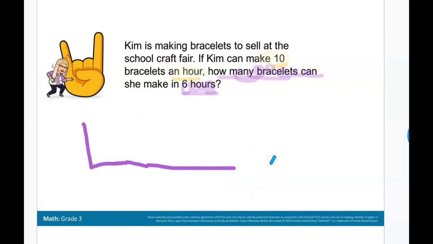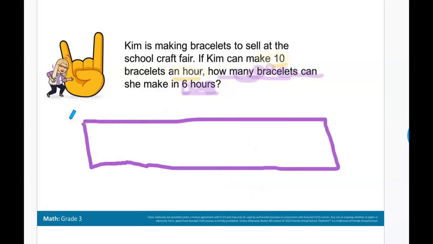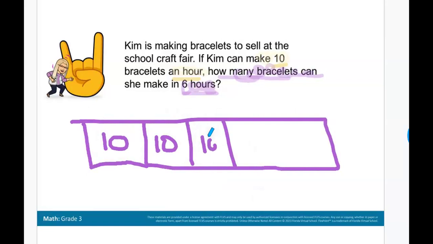So I'll go ahead and draw a bar model on this one. So here's 1 hour, 2 hours, 3 hours. Okay, 4 hours, 5 hours, 6 hours.